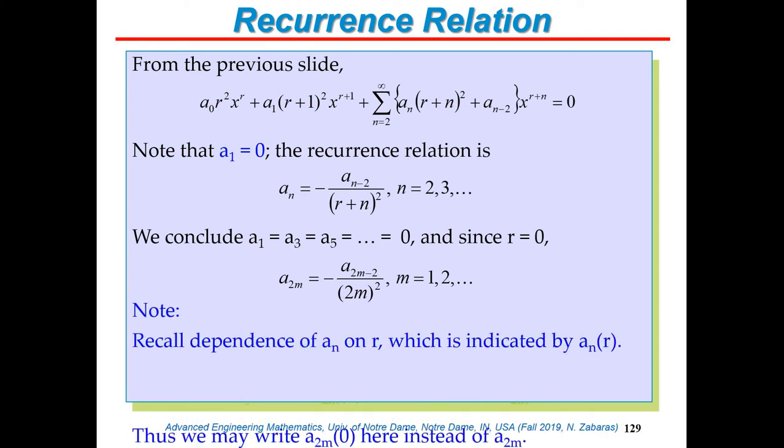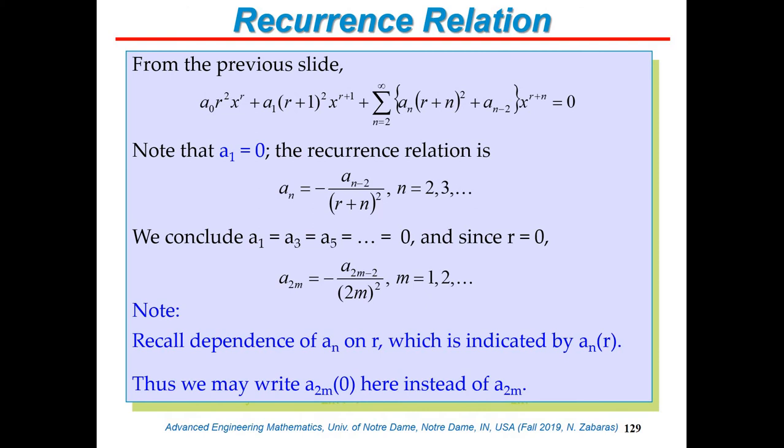I want to emphasize, as we did in the previous lecture, that when we write these coefficients, it's a good habit to indicate inside parentheses for what value of r these coefficients are computed. In our particular case, we're computing this for r equal to 0. Remember, r equal to 0 is our double solution of the indicial equation.